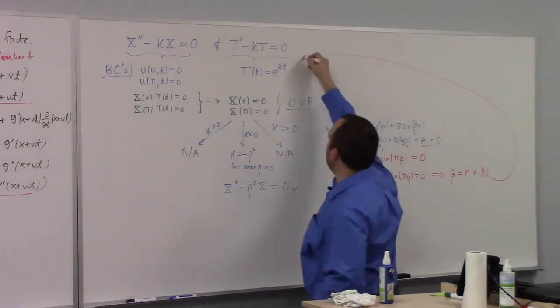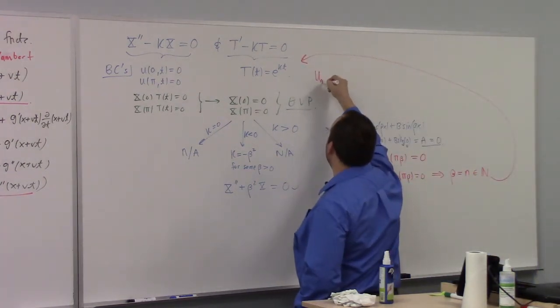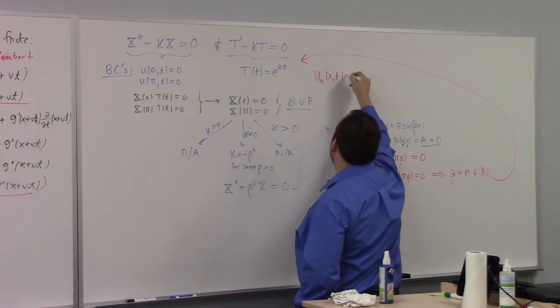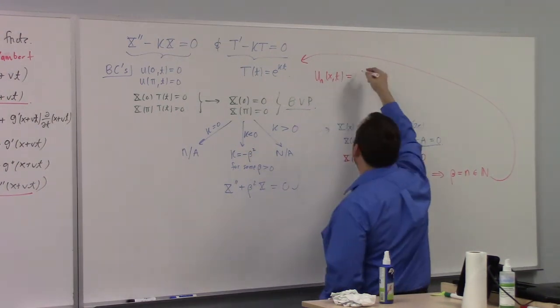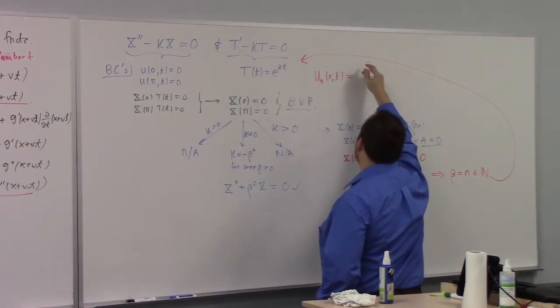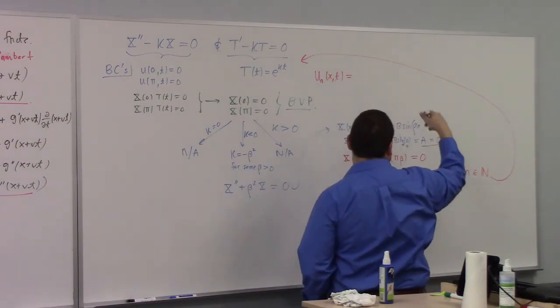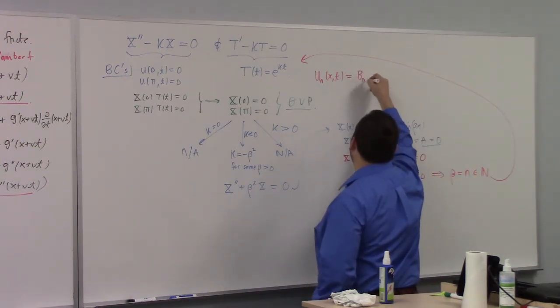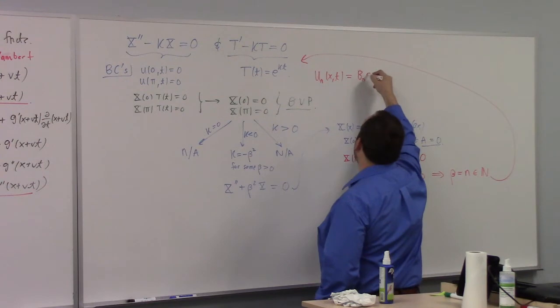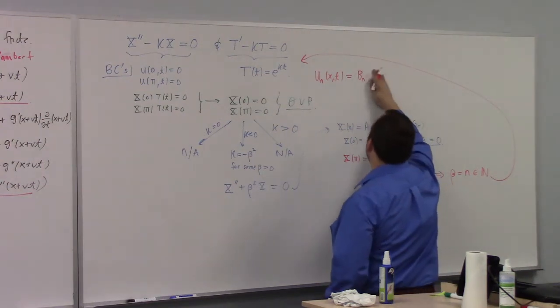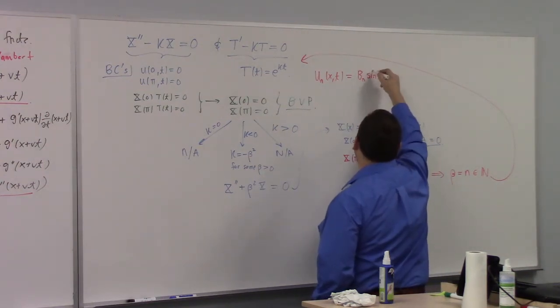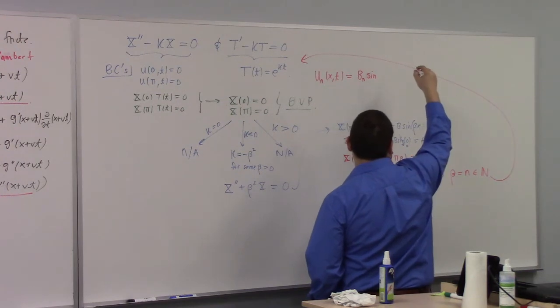And so we get this solution then that, going back up to here now, we get that u_n of x,t apparently is some constant, well, we can set, I guess you could say b sub n if you like, and e to the, sine, what do we say beta was?